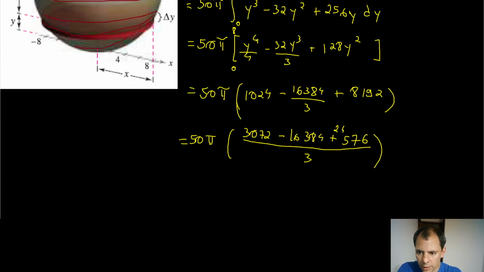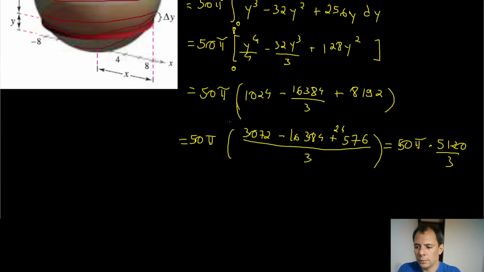I think I'm right. 8,192 times 3. Yeah, 24,576. Now minus 16,384 minus 3,072. Okay, so this whole thing is going to become 5120. This is 50 pi times 5120 divided by 3.